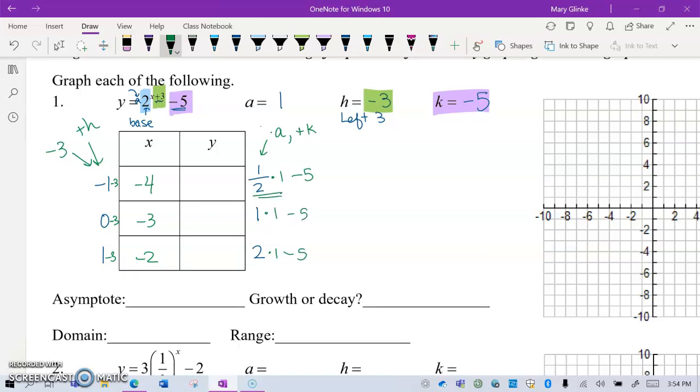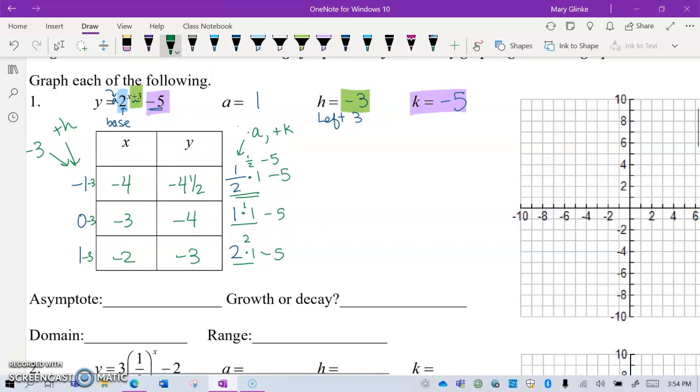So 1 times 1/2 is 1/2, minus 5 is -4 and 1/2. 1 times 1 is 1, minus 5 is -4. 2 times 1 is 2, minus 5 is -3. So then we can graph all of our new table of values here, the x comma y. So -4, -4.5, -3, -4, and -2, -3.